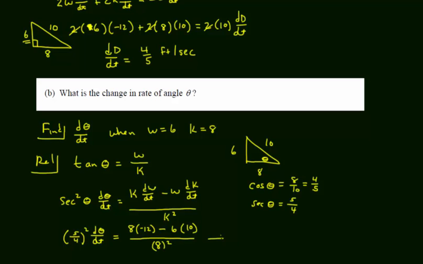Now you do the arithmetic. So d theta/dt is going to come out to be -39 over 25. And remember the units on this, radians per second.